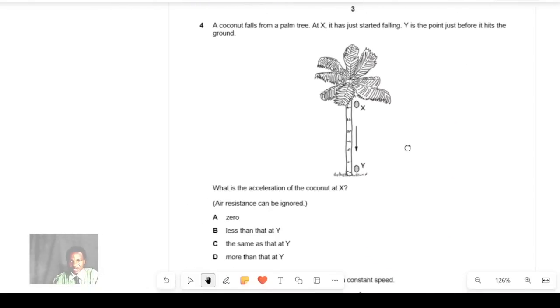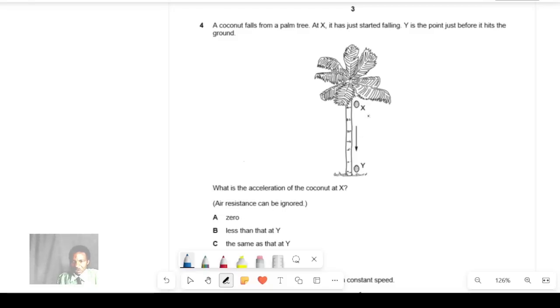Okay, this question here, a coconut falls from a palm tree at S, that is from this point here, then Y is the point just before it strikes the ground. What is the acceleration of the coconut at S?